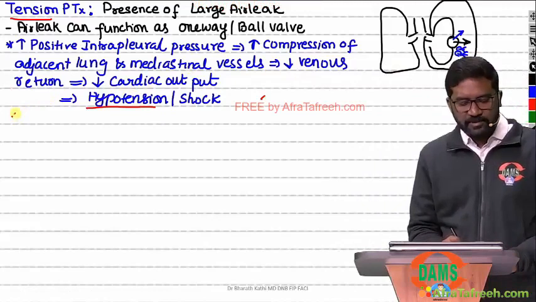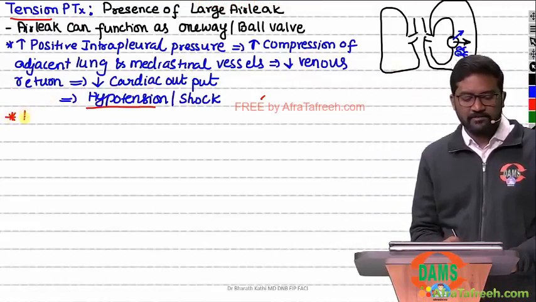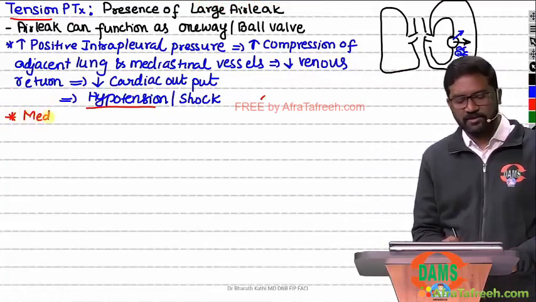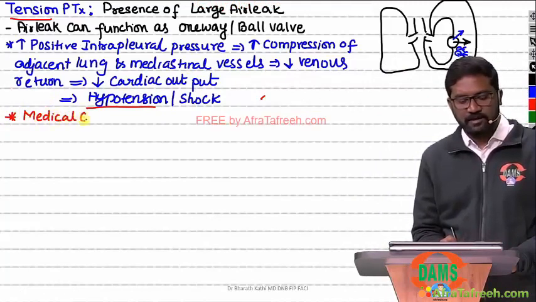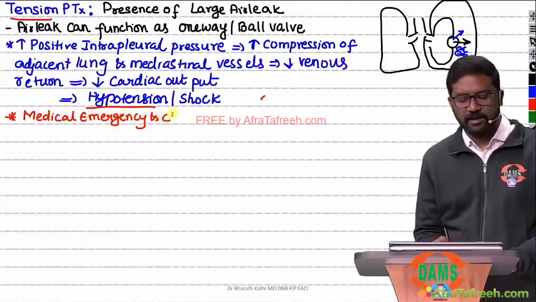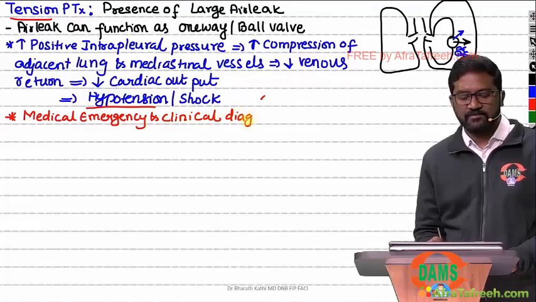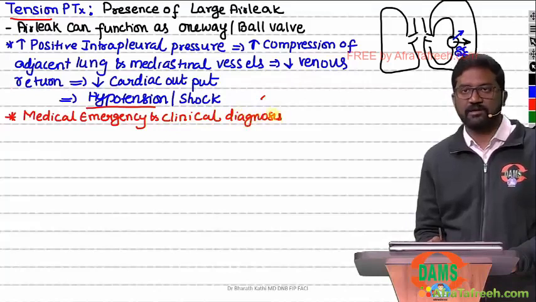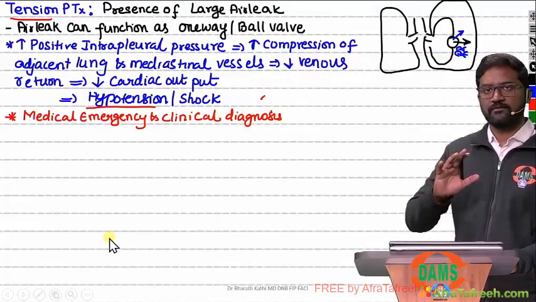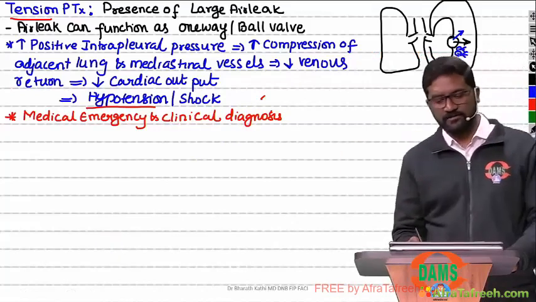Now because patient is presenting with hypotension and shock, this is a medical emergency, and mostly a clinical diagnosis. So no need to do any special investigation to prove it as tension pneumothorax, if you feel that is sufficient.